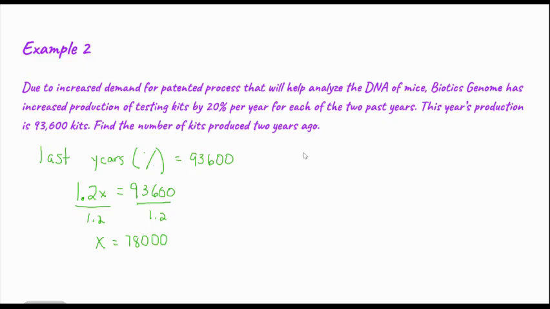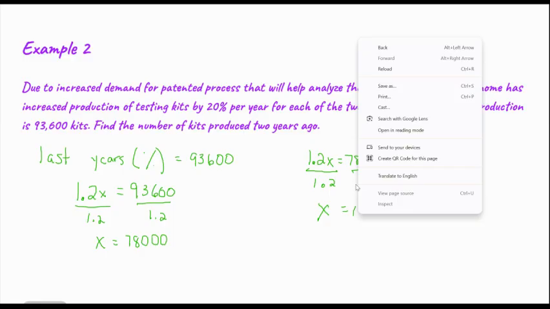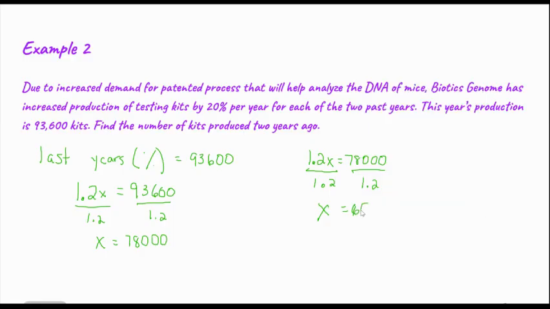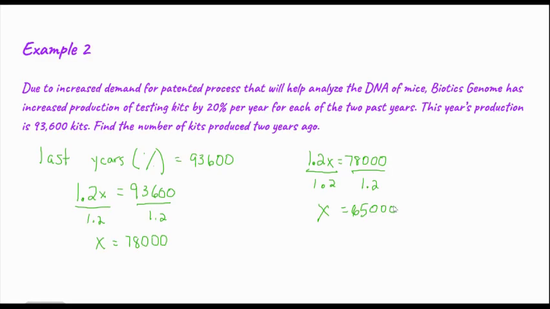So 2 years ago, which would just be another x, and it's still increased 20%, equals 78,000 divided by 1.2, and we get 65,000. There we go, 65,000.